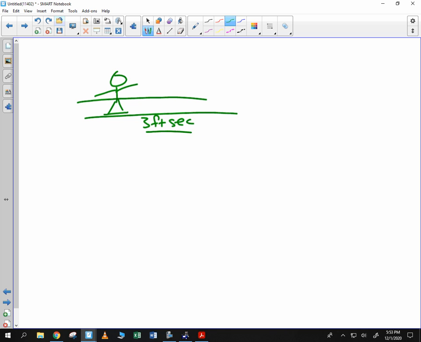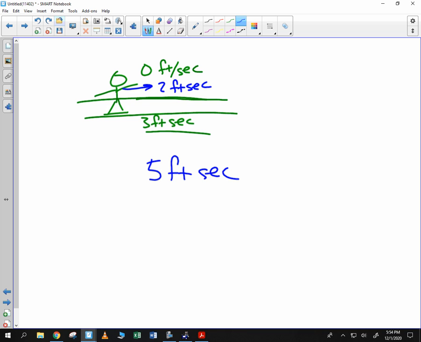Well, he's moving at 3 feet per second, but relative to the escalator, he's not moving at all, right? So if we give him some speed, say he's moving at 2 feet per second, well, relative to the escalator, he's moving at 2 feet, but relative to the world, he's moving at 5 feet per second. So that's what you have to consider in this situation.